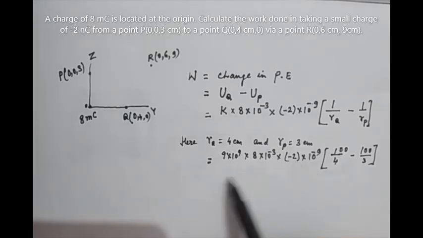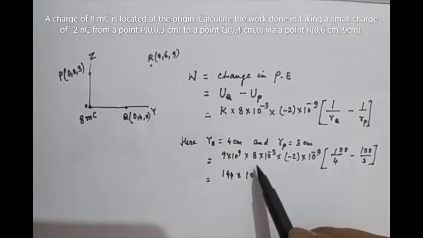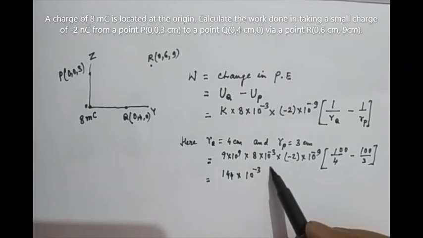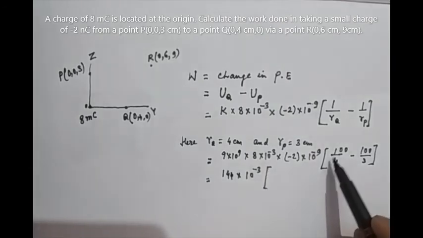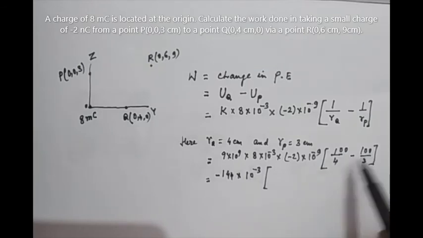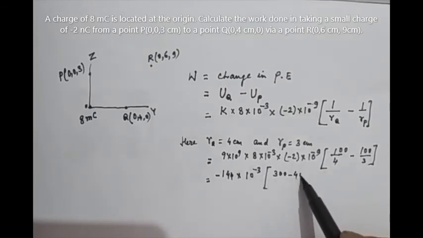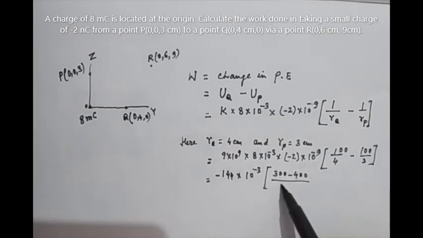Solving, we get 144 into 10 to the power minus 3, and here minus 300 minus 400 by 12.